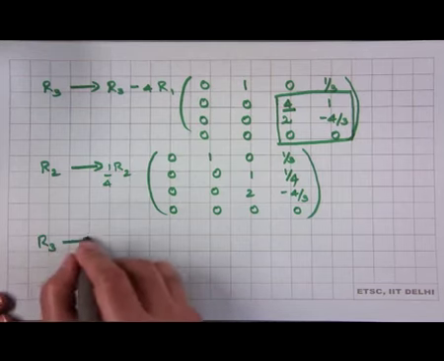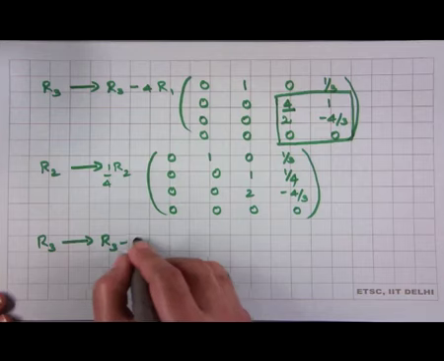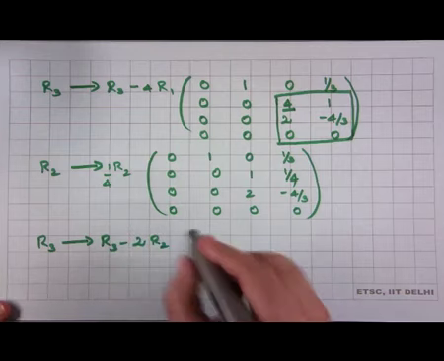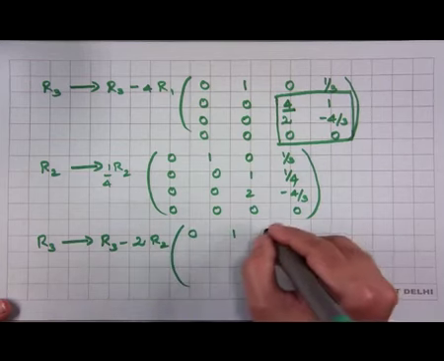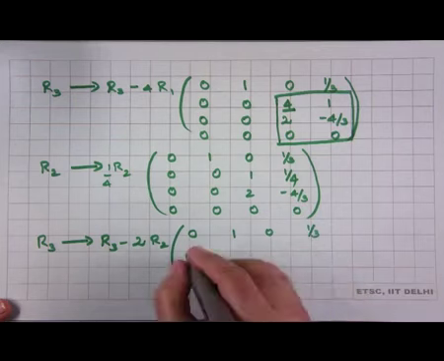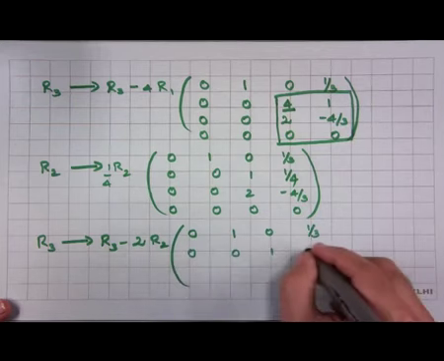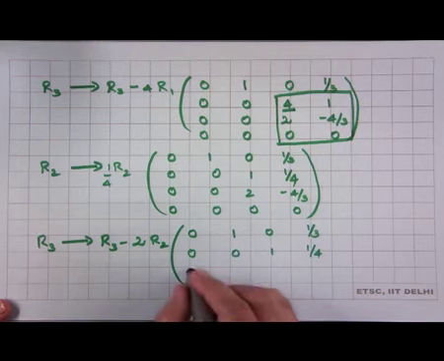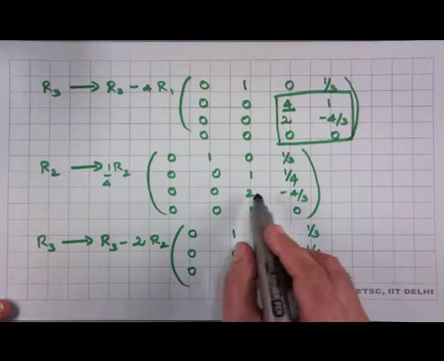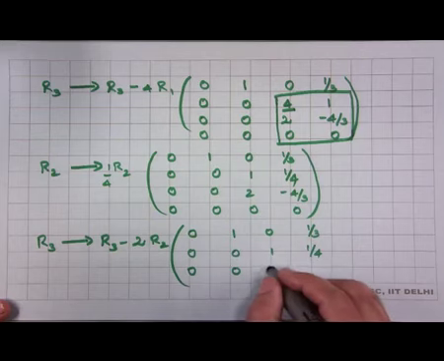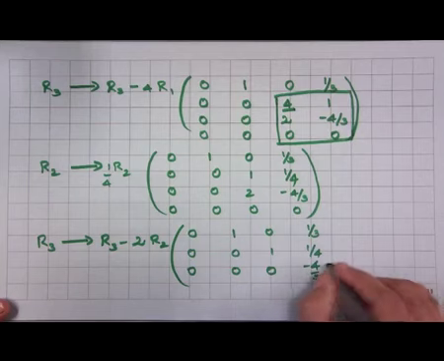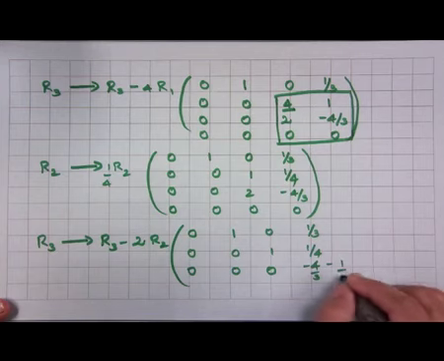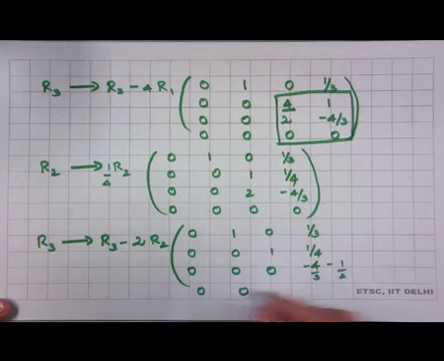R3 is replaced by R3 minus 2 times R2. 0 1 0 1 by 3, 0 0 1 1 by 4, 0 0 2 minus 2 times 1, which is again 0, and minus 4 by 3 minus 2 times 1 by 4, which is half, 0 0 0 0.